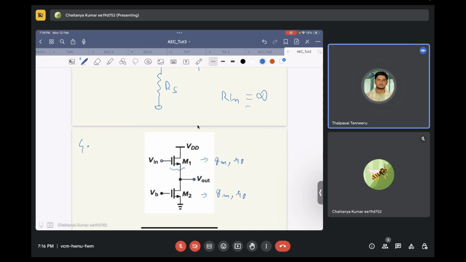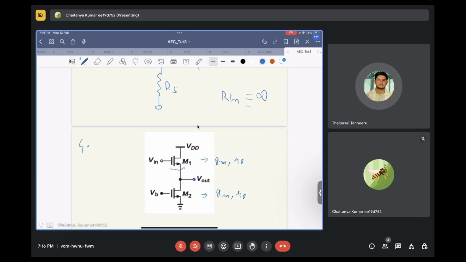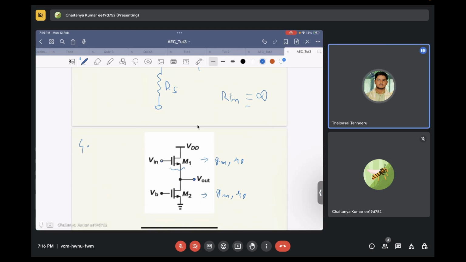Here feedback resistance is R0. Sir, 1, sir. Why one? For M1 and M2, R naught is the same, no, sir.